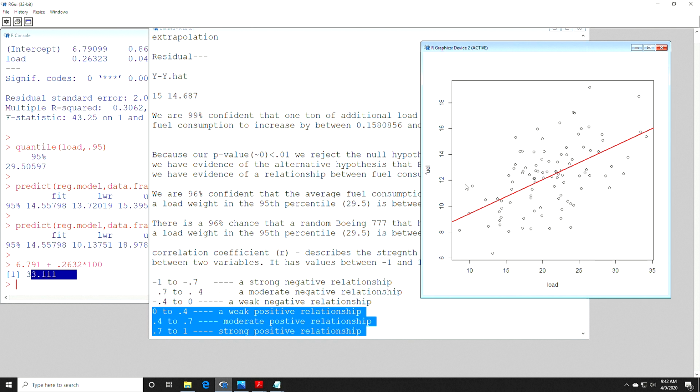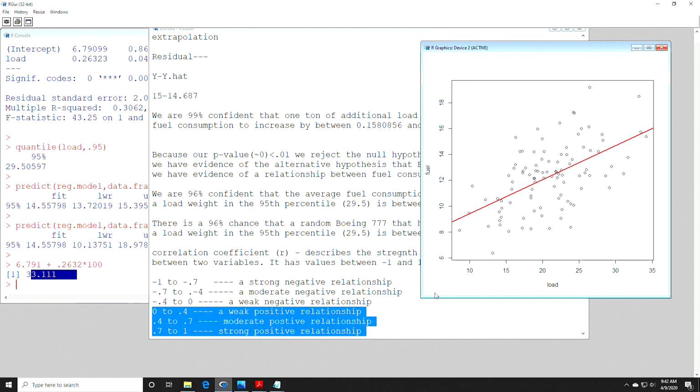Again, the only relation to the slope is whether it's positive, negative, or 0. Besides that, it doesn't matter whether you have a slope of 0.1 or a slope of 100. It doesn't matter how shifted up or down that line is, it does not affect the strength of the correlation.